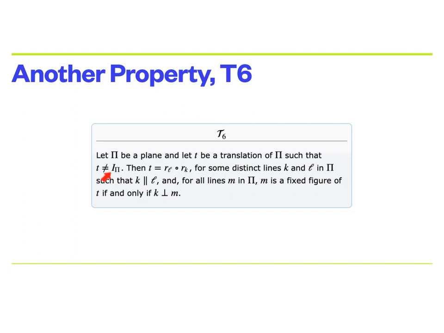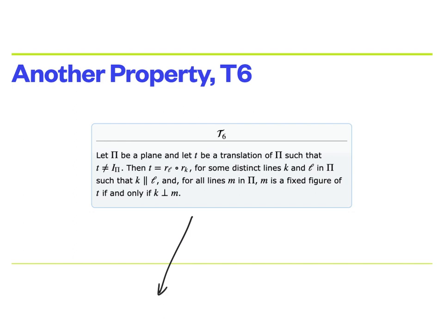They're separate. Then T is equal to the composition of these reflections for some lines K and L in pi, such that K is parallel to L. And for all lines M in pi, M is a fixed figure of T if and only if K is perpendicular to M.